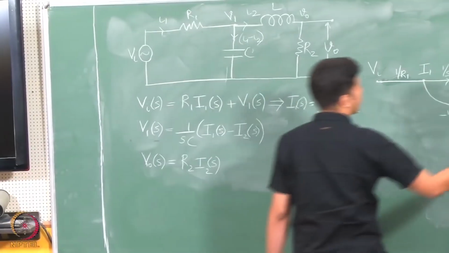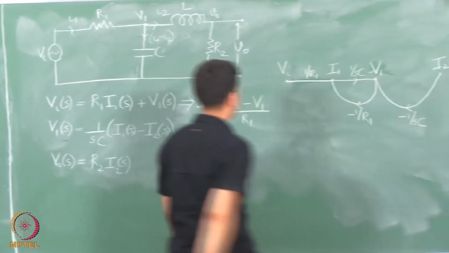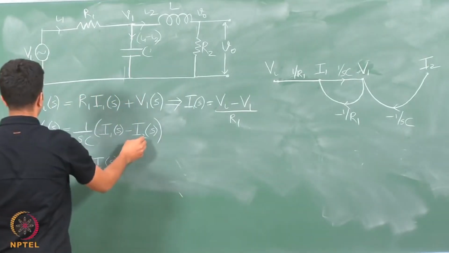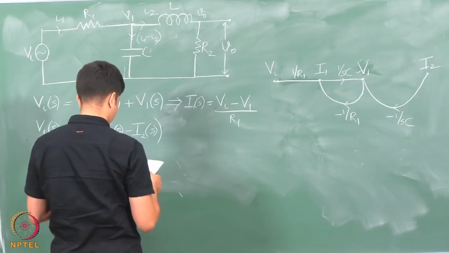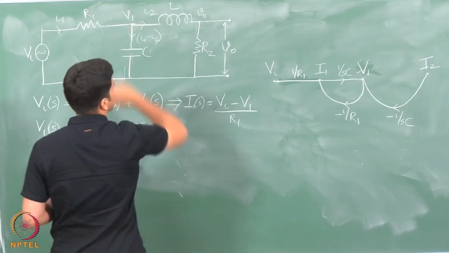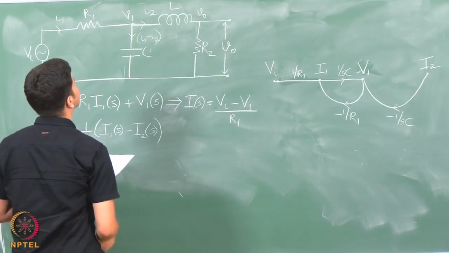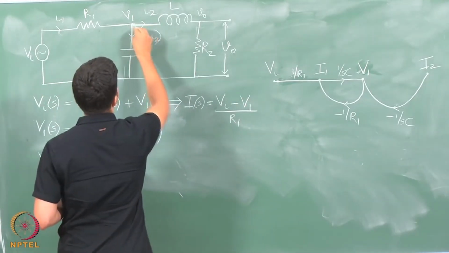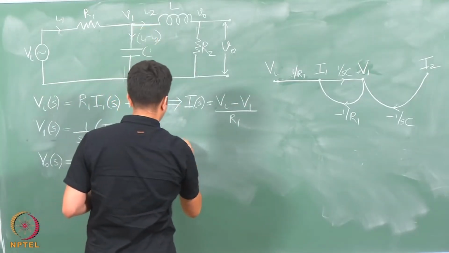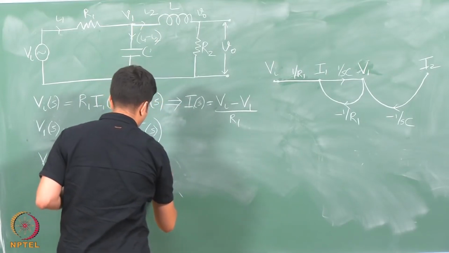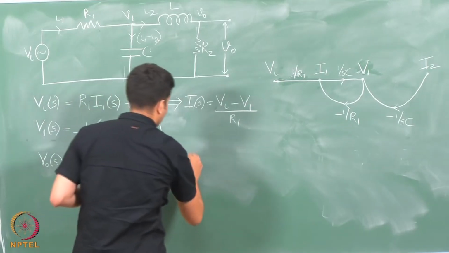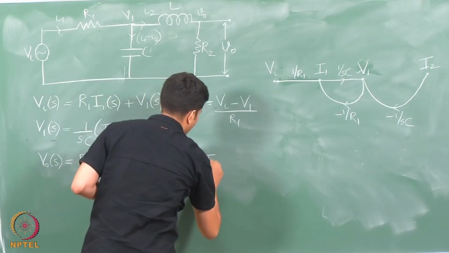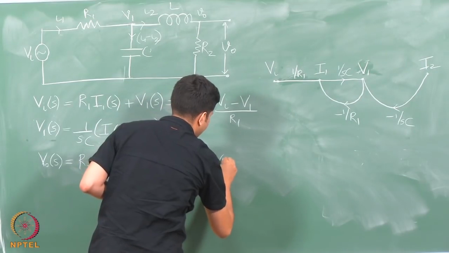Now, what is the relation of I2 and V1? So, we already know this relation. What we will do is, we can take another relation as well, which will actually give us a nicer thing. We will take V1 to be Ls times I2 of S plus V naught.